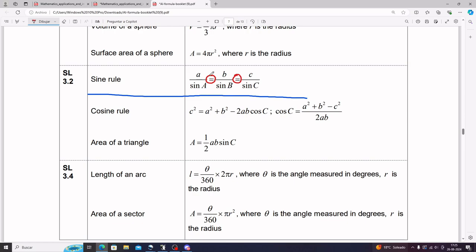So you can use it like this: little a divided by sine of big A equals little c divided by sine big C. Or you can use it comparing only A with B. Or you can use it like this. It works in pairs. You use whichever pairs you want.